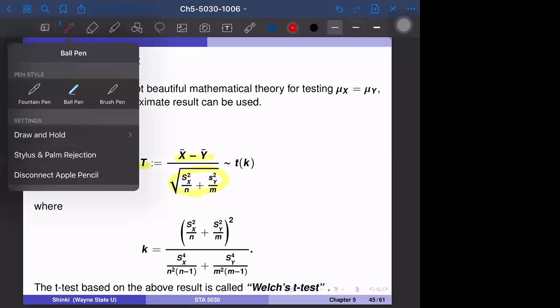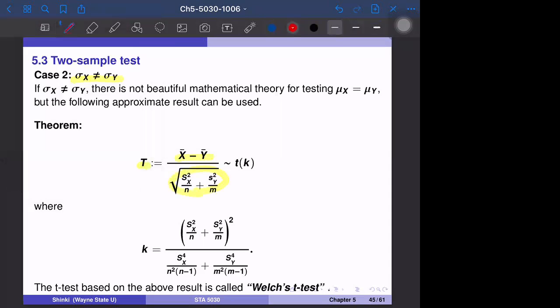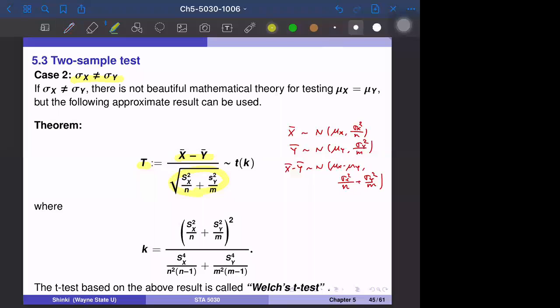This is derived by the same philosophy as last time. x bar follows normal mu x and sigma x square over n, and y bar follows normal mu y and sigma y square over m. So x bar minus y bar is normal with mean mu x minus mu y and variance sigma x square over n plus sigma y square over m. We just put the square root of this to get the t statistic.